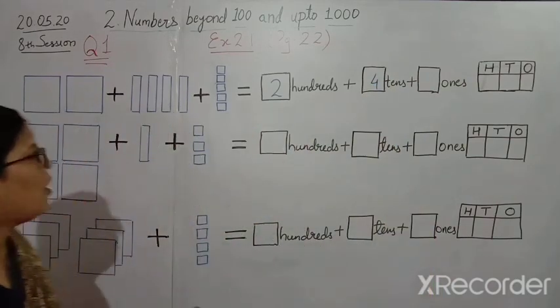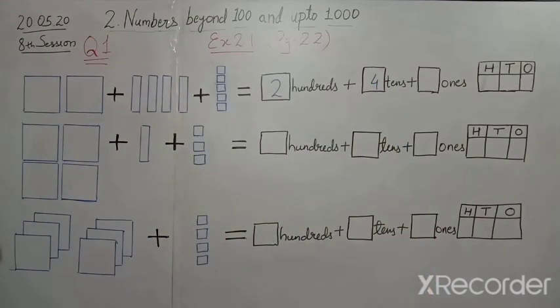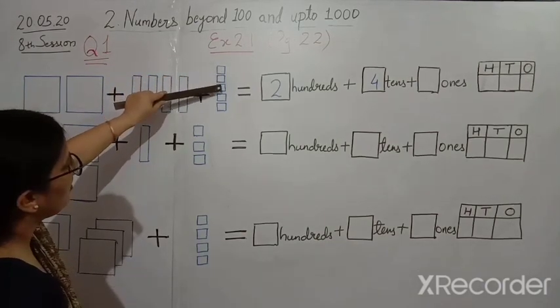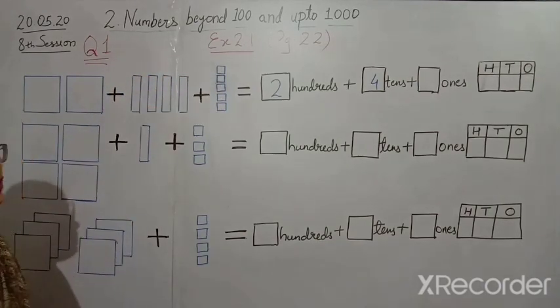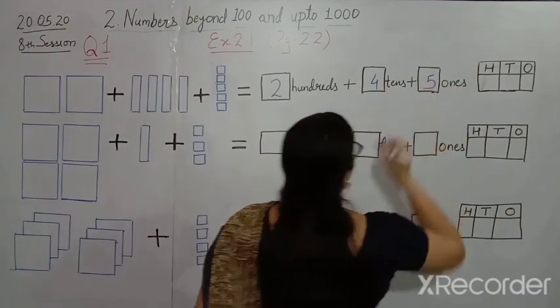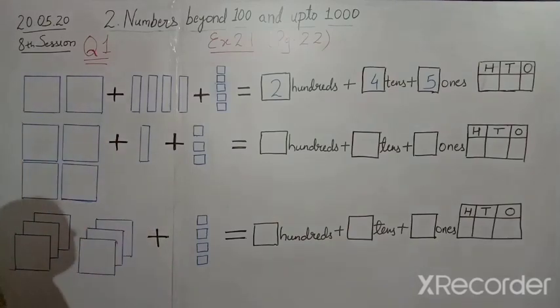Now how many ones are there? Blocks of ones here, 1, 2, 3, 4 and 5. 5 ones. So 2 hundreds, 4 tens and 5 ones.